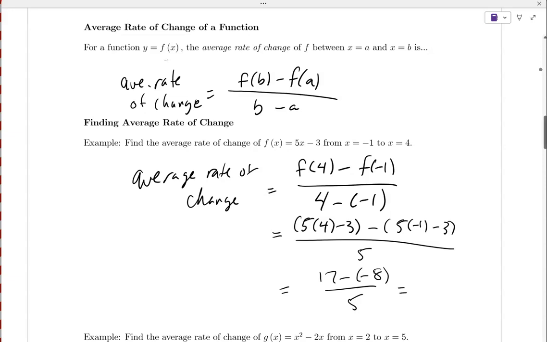And what does that end up simplifying to? Yeah, 25 over 5, which gives us 5. Literally just plugging in the numbers into the formula and simplifying it. There's not much to it other than that. Might be some interpretation if it's a word problem, but it's actually finding the average rate of change. That's what it is.